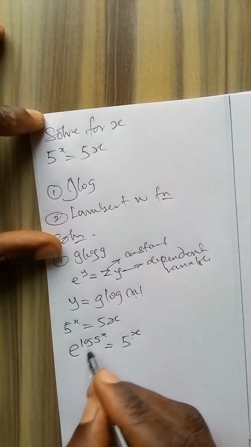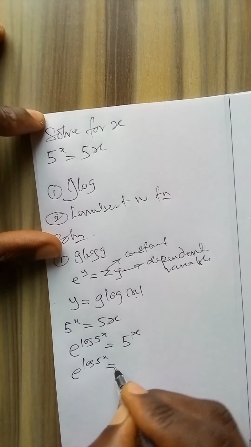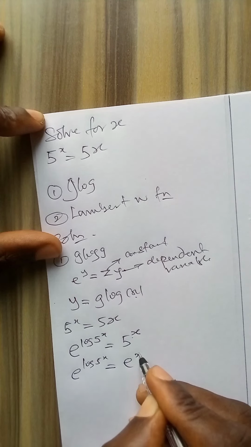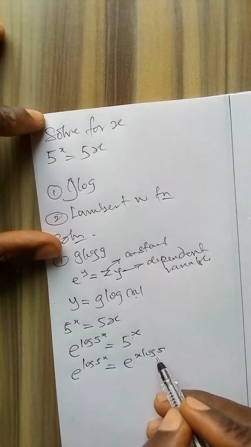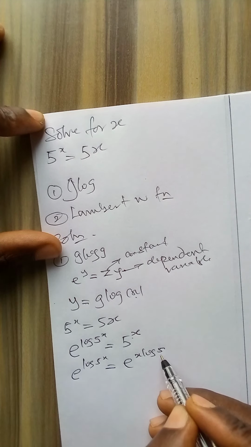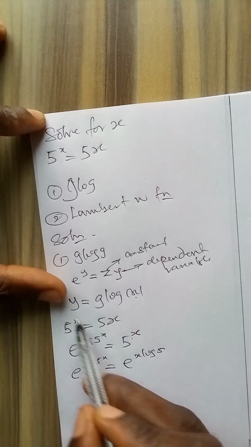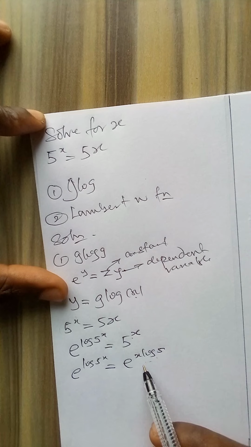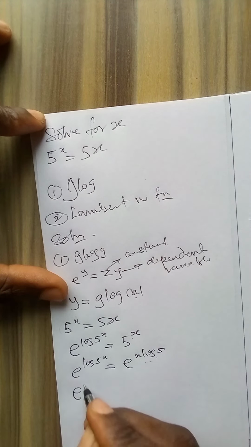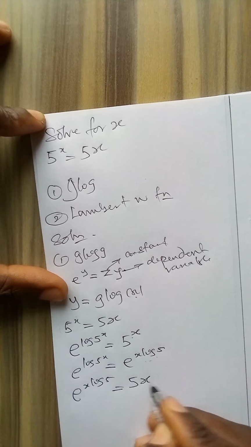Now, this expression is also equal to e to the power x log 5. I keep saying base 5, but this is actually base 10. So I will now replace 5 to the power x with e to the power x log 5. So e to the power x log 5 will now be equal to 5 times x.